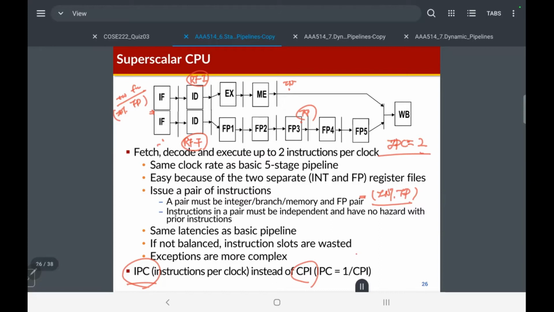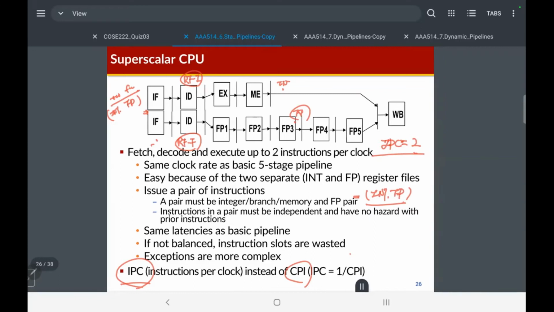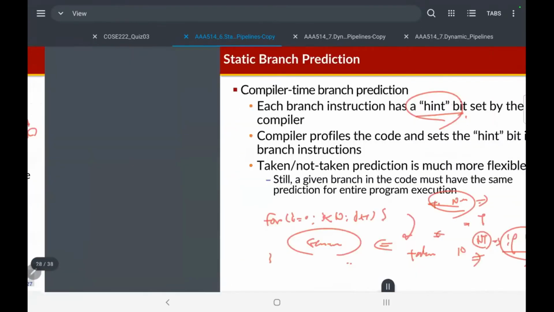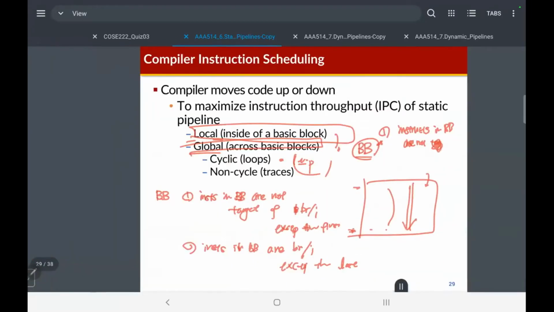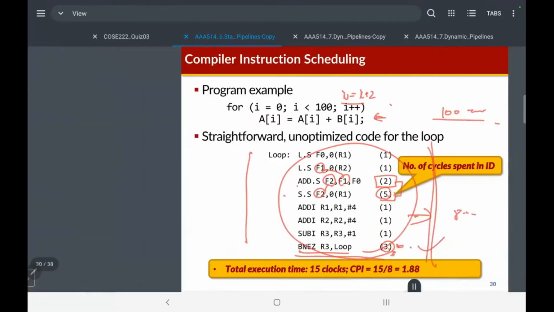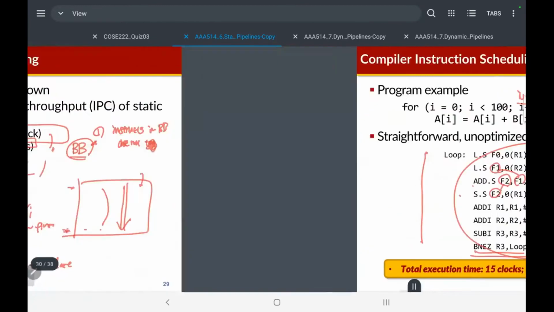But it's not easy to find this integer and floating point instruction pair in our code. So it's another performance degradation issue in the superscalar CPU. Okay. So we learned about static branch prediction and compiler techniques.